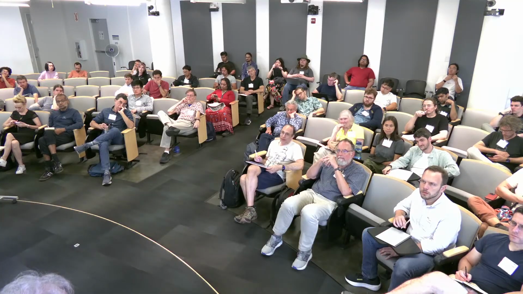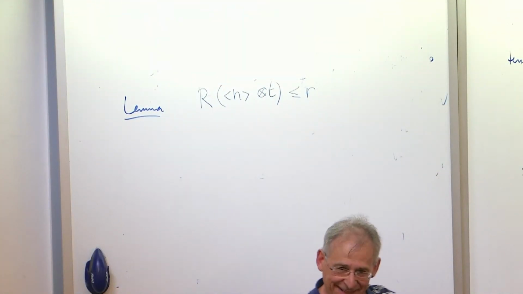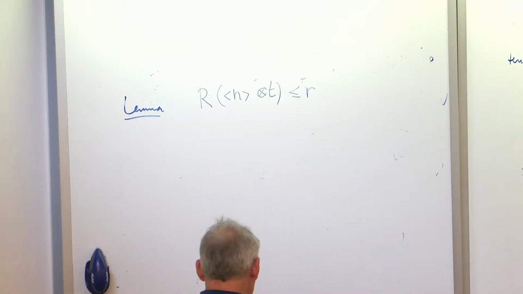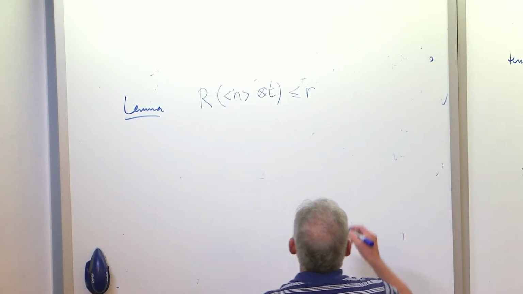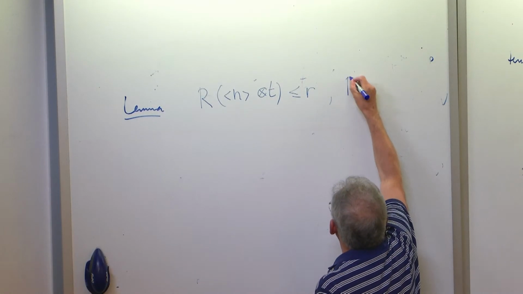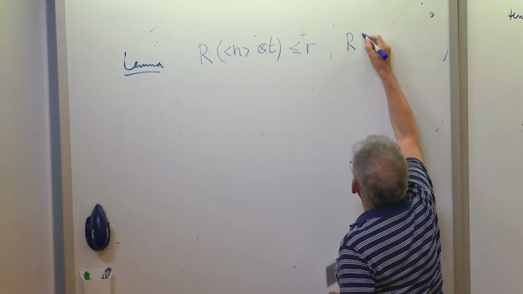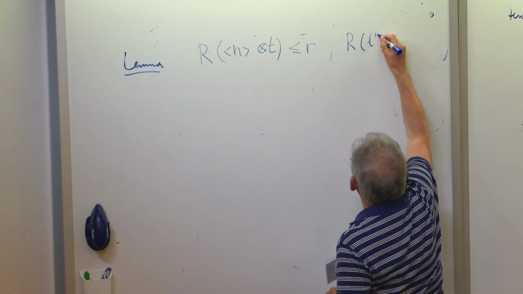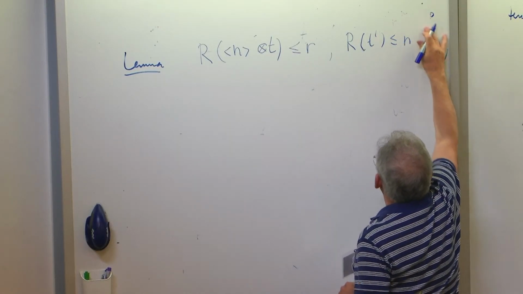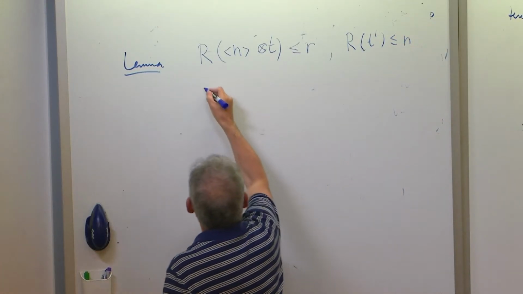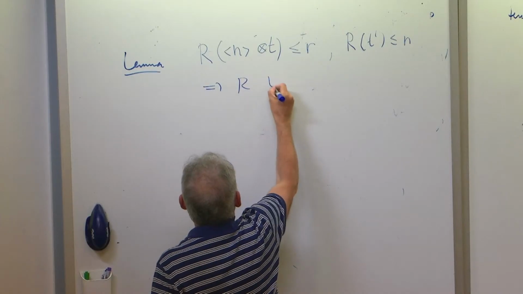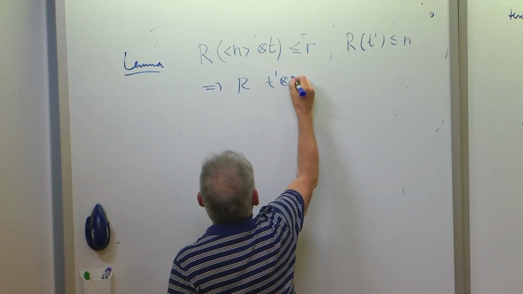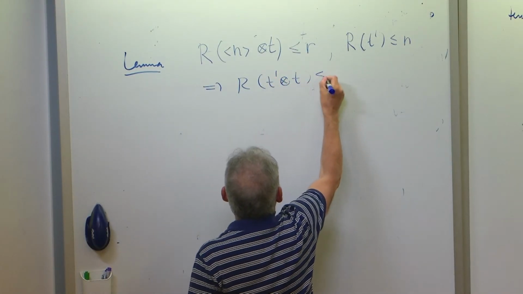So the rank is at most R. And let's assume the rank of T prime is at most N. Then I claim the rank of T prime times T is at most R.